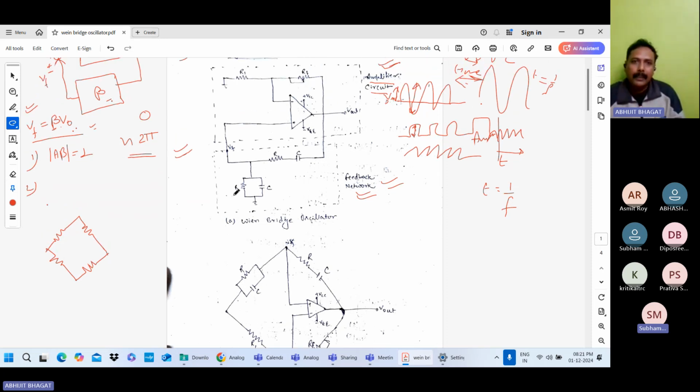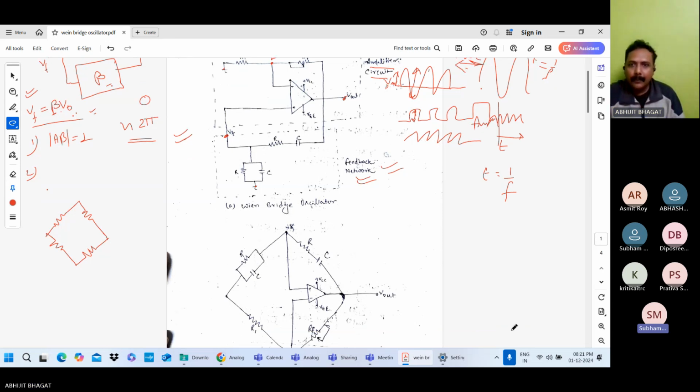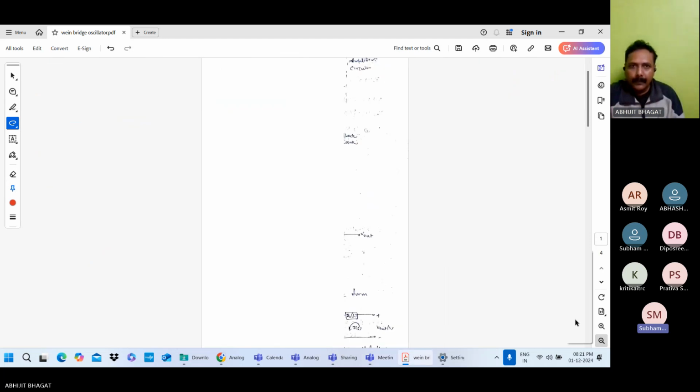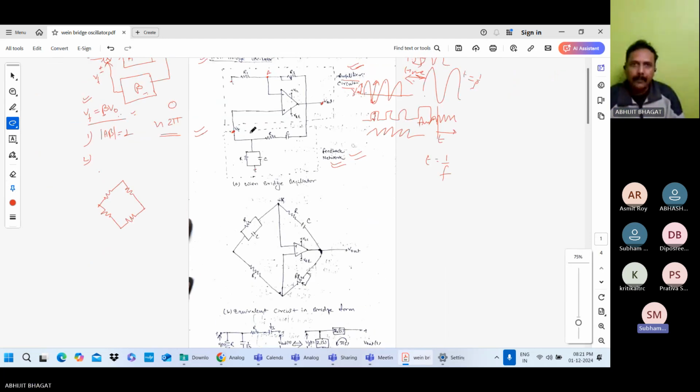You can say this is the feedback voltage, this is the output voltage, this is the ground, and this is the point between the R1 and RF. Suppose it is the A. You can see in the diagram.